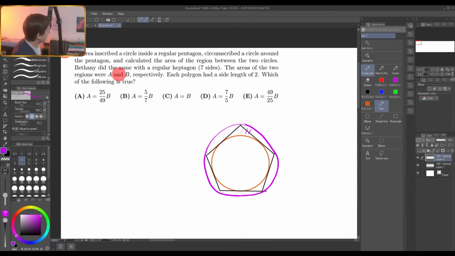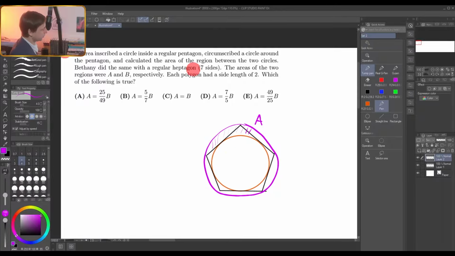And after that, Bethany did the same for the regular heptagon with 7 sides, and the areas of the two regions were A and B. So basically the area of this region is A, the ring between two circles for the pentagon.